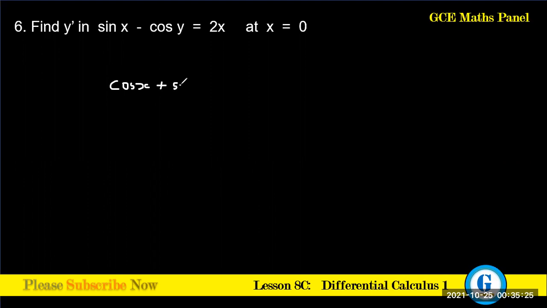We have sine y dy dx, which is y prime, should be equal to, when you differentiate 2x with respect to x, we have 2. So this implies here that y prime will be equal to 2 minus cos x, all this on sine y.